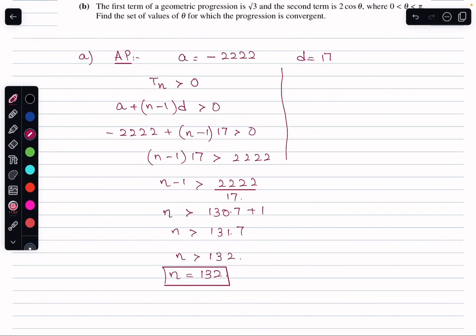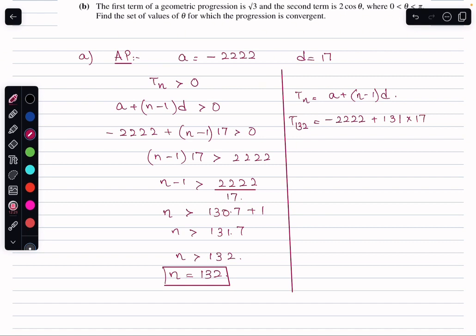That shall be Tn, which is equal to a plus n minus 1 times d, for the term 132, which shall be equal to negative 2222 plus 132 minus 1, that gives me 131 times 17.